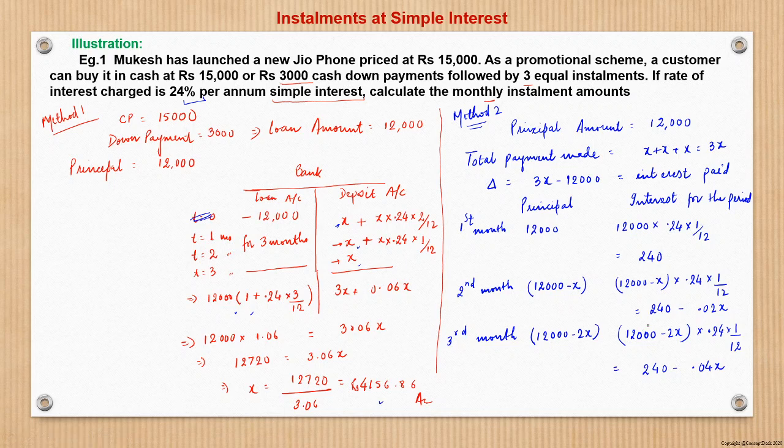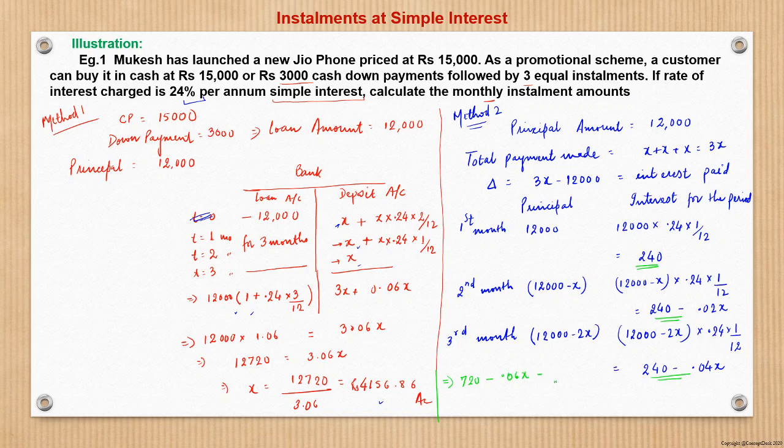So if we add the first month, second month and third month interest, upon adding it becomes 720 minus 0.06x.